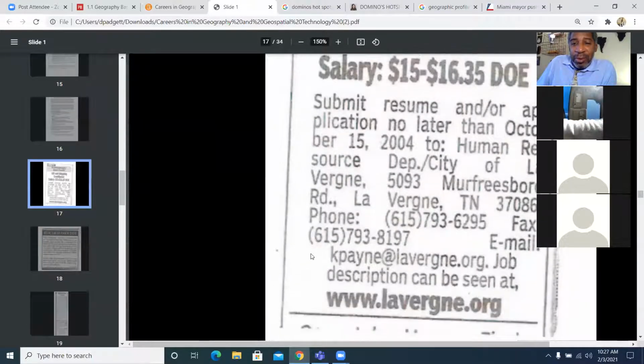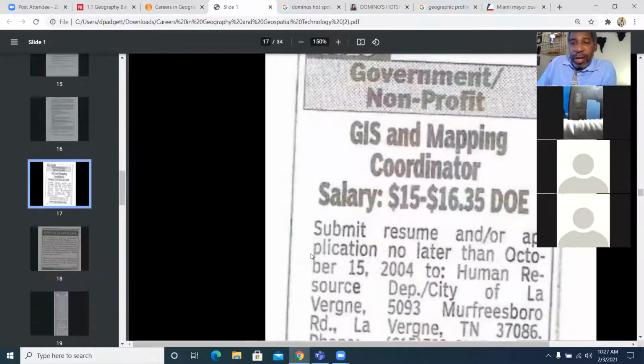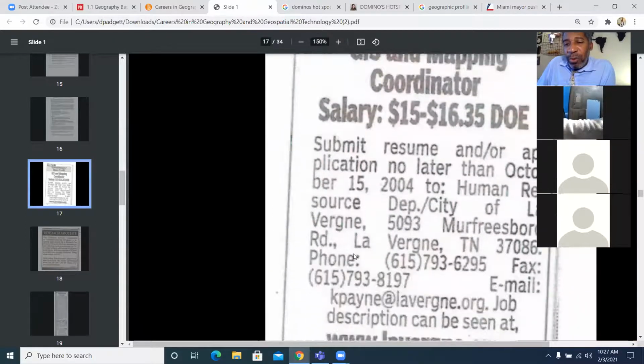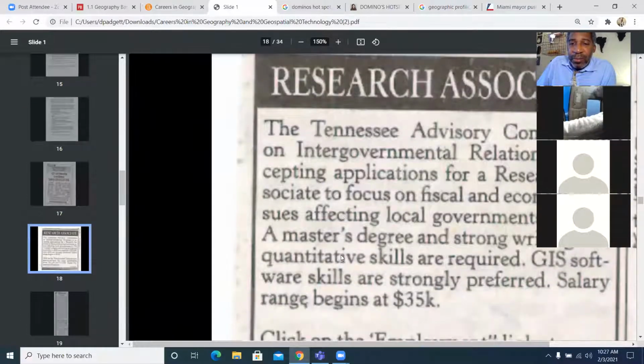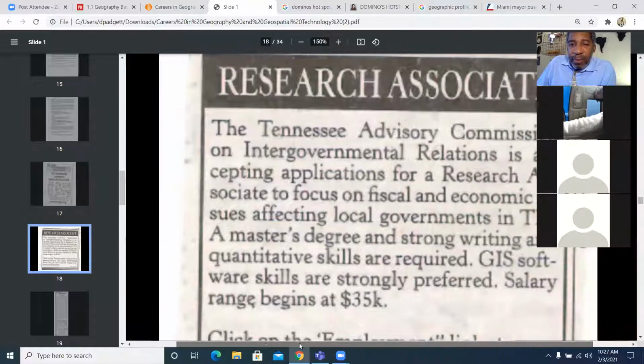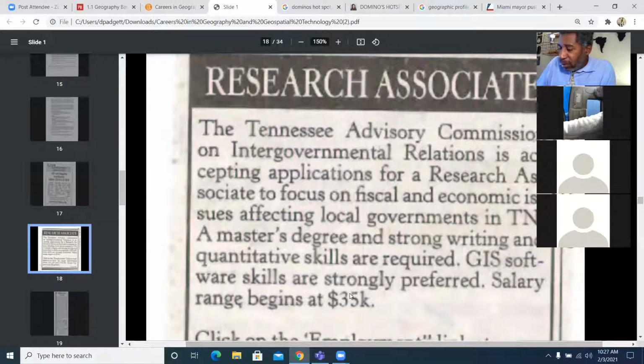Here are some older ads. This is an ad for a GIS and mapping coordinator for Laverne, Tennessee. Laverne is a little town just outside of Nashville. So even some of these smaller cities have GIS coordinators. I think we have a couple of you in political science.